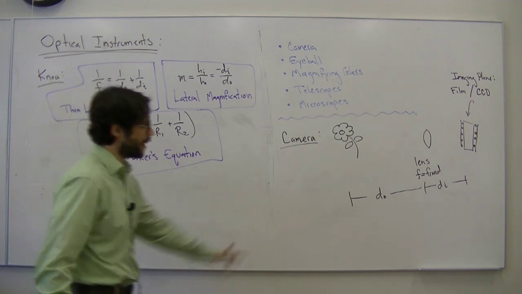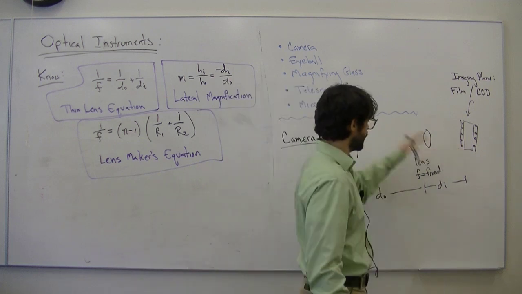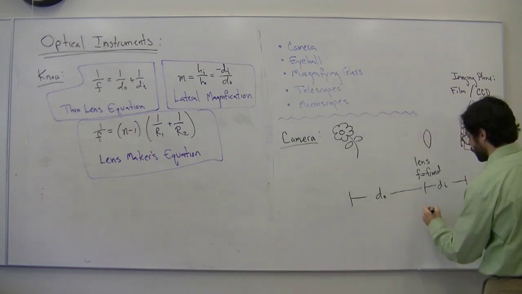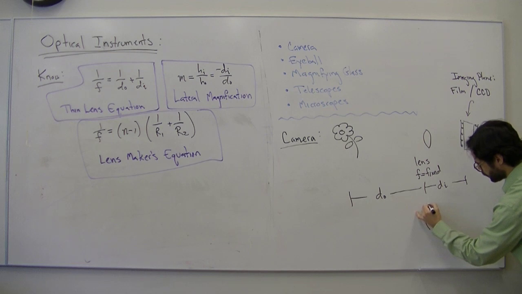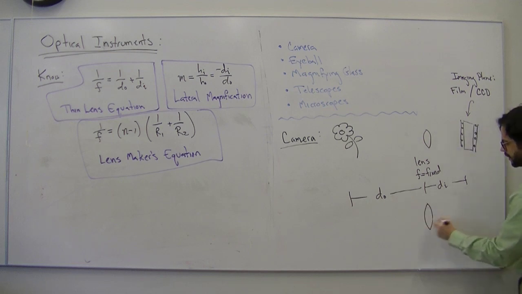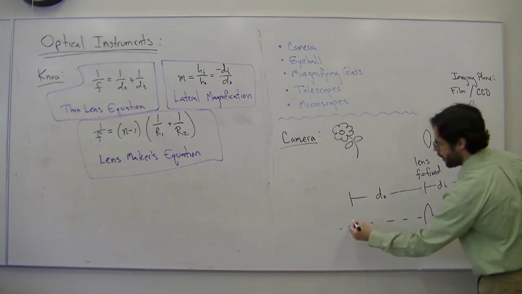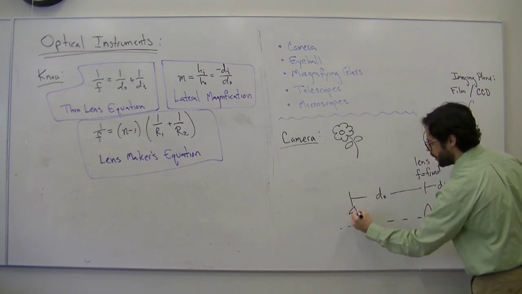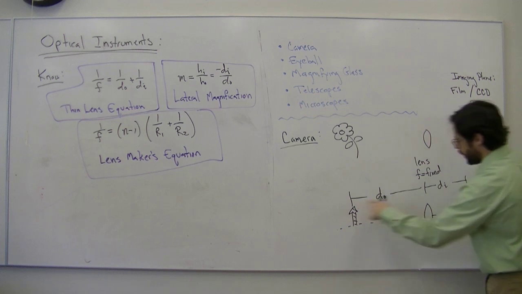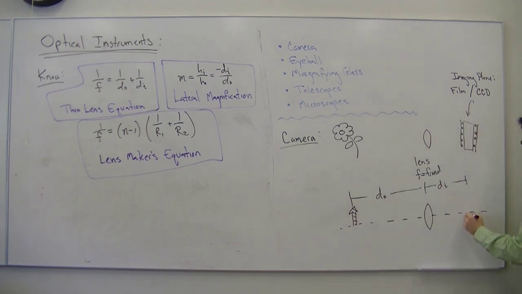So we have an object, a lens, and an image. The lens is already basically cartoonified, but this would be a converging lens, as it turns out. And then I'll put a principal axis on here. Instead of a pretty flower, we have a soulless upright arrow. That is DO, and then DI would be here.